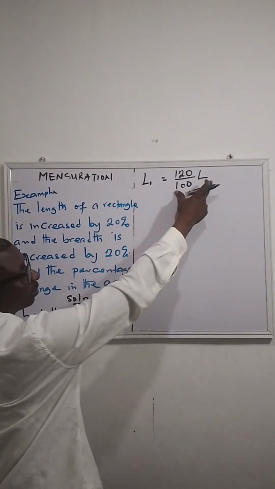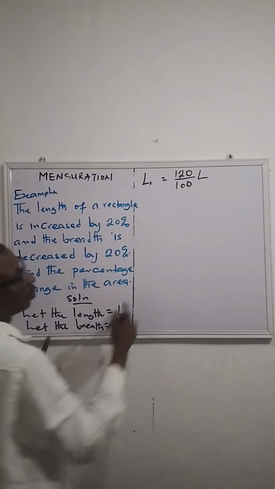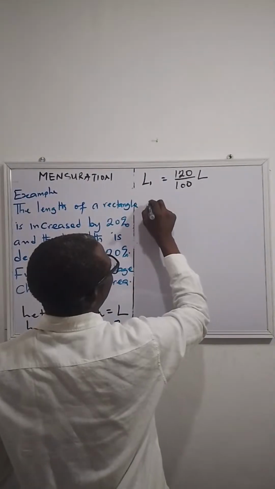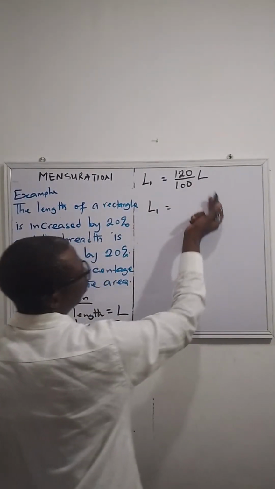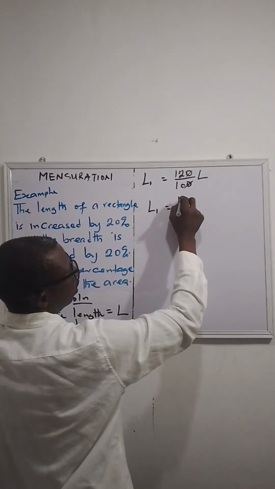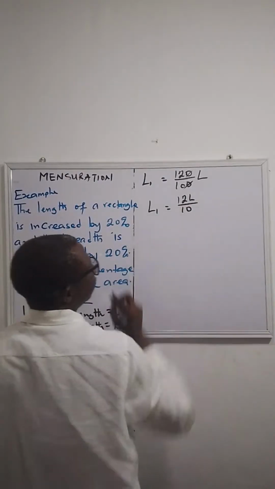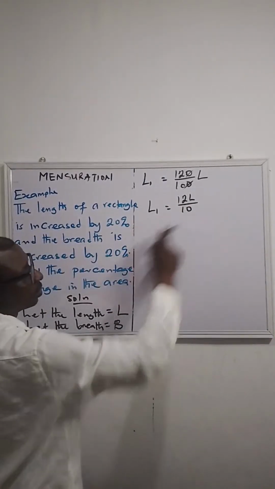So L1 equals 120 over 100 of L. If you simplify this, 0 cancels 0, so we have 12L over 10. So the new length is this.